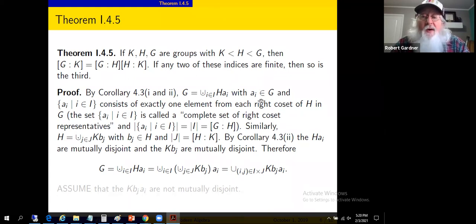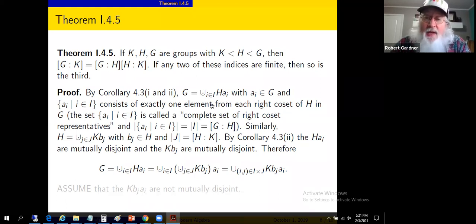There's probably a whole bunch of elements of G that'll produce that same coset. Pick one, call it a sub i. So we're choosing these a sub i's, as i ranges over the indexing set capital I, to consist of exactly one element from each right coset of H in G. In that way, we get each right coset exactly once.